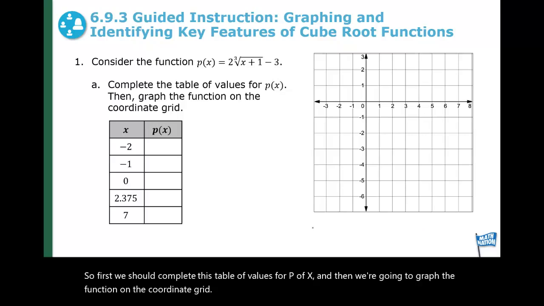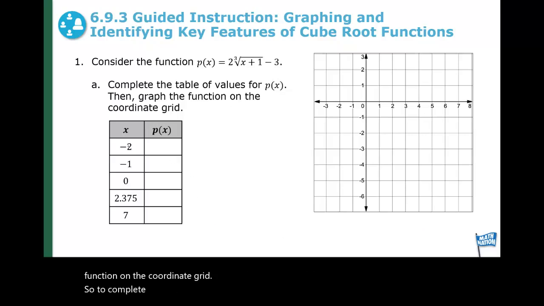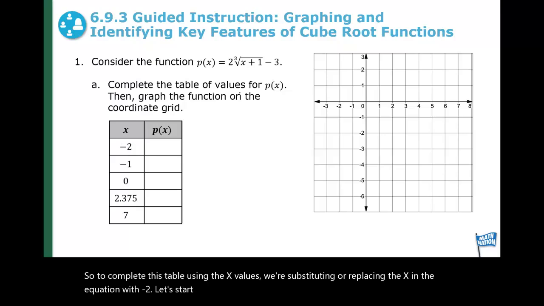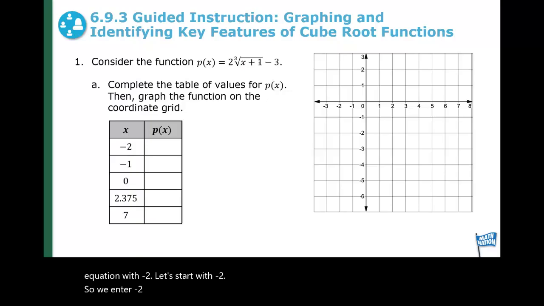So to complete this table using the x values, we're substituting or replacing the x in the equation with -2. Let's start with -2. So we enter -2 plus 1, that gives us -1. And the cube root of -1, it's -1.